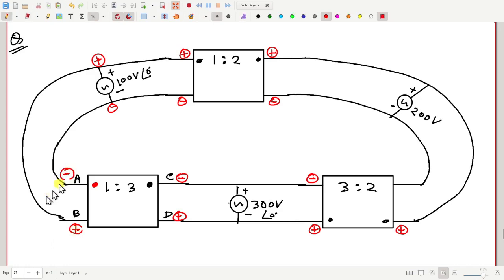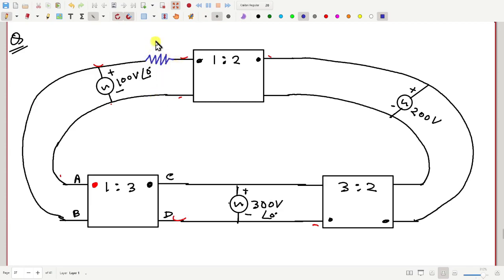Fine. Now I will just give you one question and leave that as homework. Let me put some impedances. Say some resistance, the simplest thing.